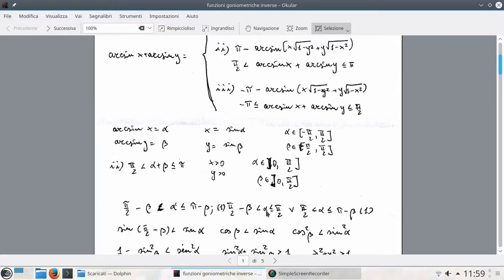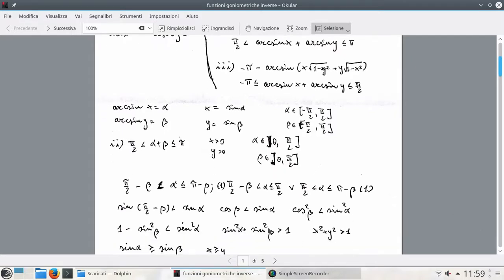Because of the increasing behavior of sine, we have sine of 1/2 of pi minus beta less than sine alpha, namely cos beta less than sine alpha. Squaring both sides of the relation, we have cos squared beta less than sine squared alpha.